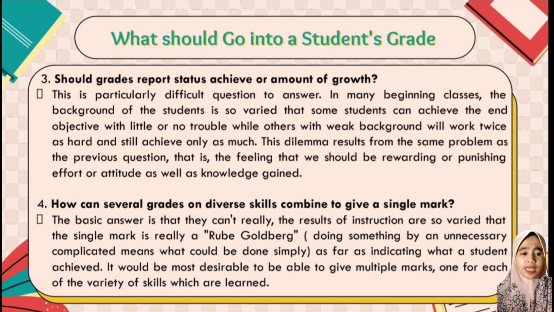As far as indicating what a student has achieved, it would be most desirable to be able to give multiple marks, one for each of the variety of skills which are learned. There are, of course, many problems with such a proposal. It would complicate an already complicated task.